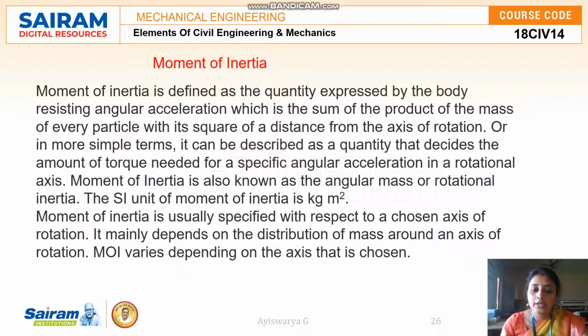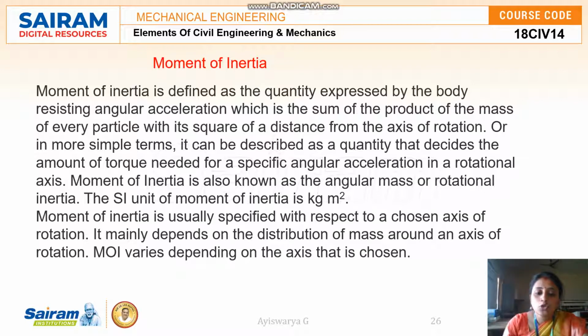It is also known as angular mass, rotational inertia or second moment of area. Moment of area means area into distance, but second moment of area or moment of inertia means area into distance square.